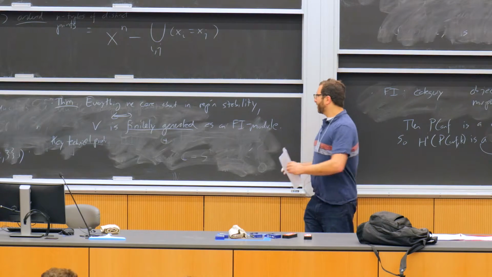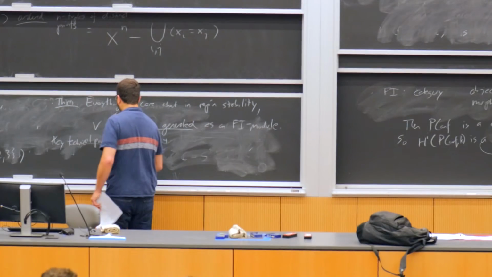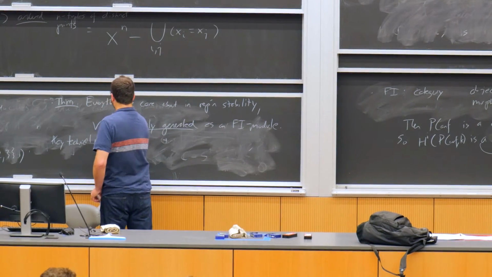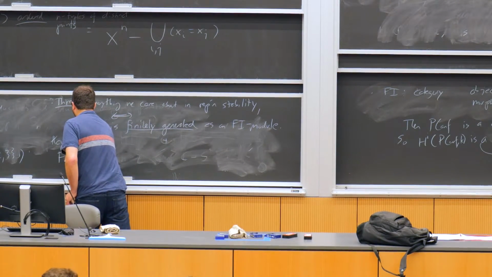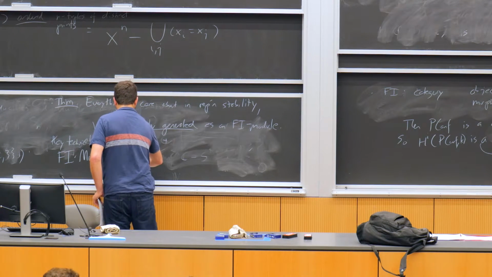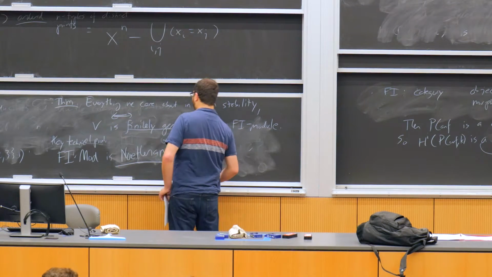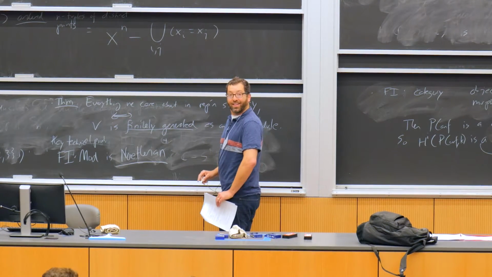So the key technical point, I'm writing small and badly again, sorry. I'll just say that this category of FI-modules is Noetherian. What does that mean?